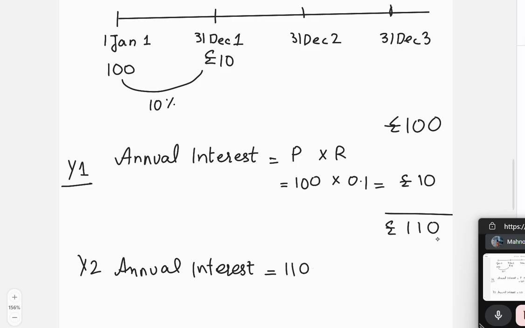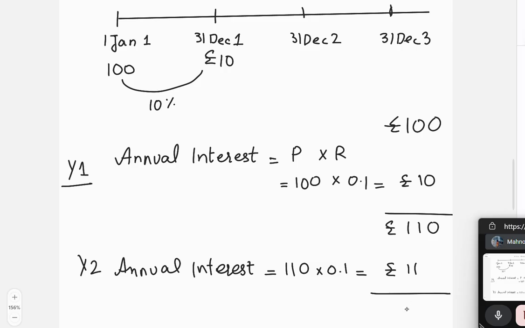Now you cannot call it principal anymore because 110 is not principal. It's principal as well as the interest of the first year. So this is the compound. 110 times the rate, which is 0.1, and that will give you 11.